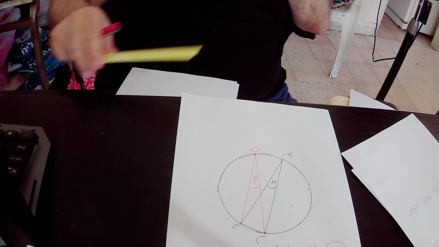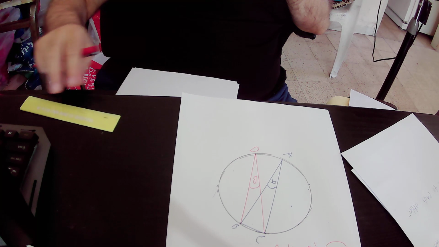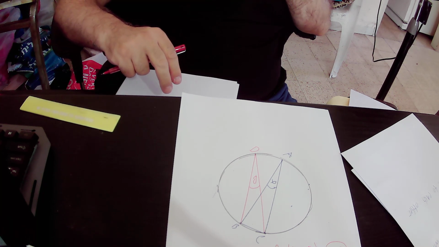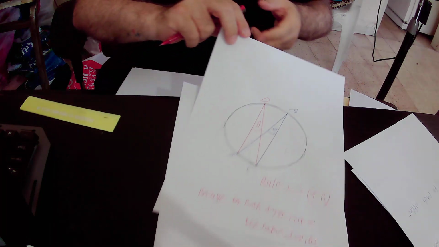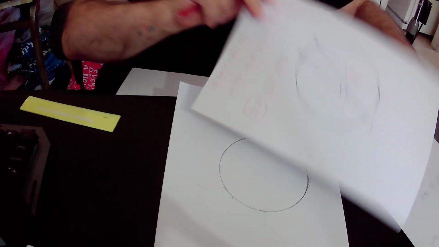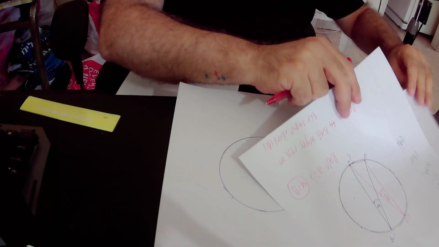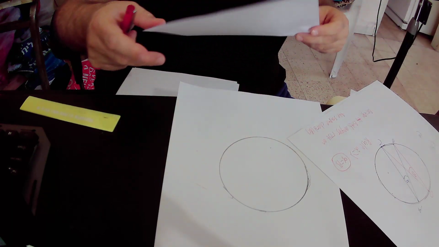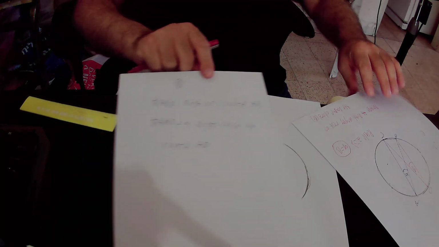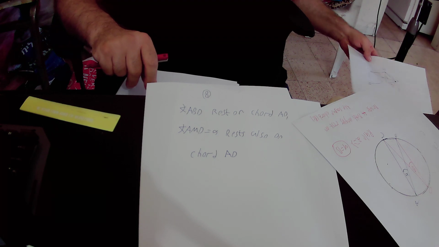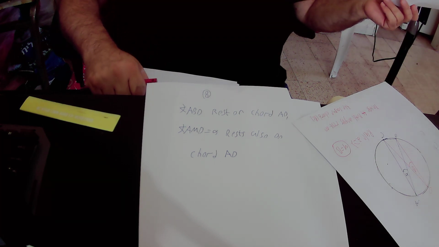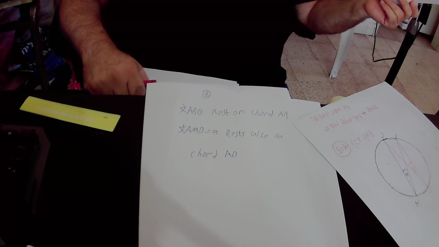Okay, so we actually can implement the rule in our circle. As I've already written, angle ABD rests on chord AD, and angle AMD, that equals alpha, rests also on chord AD.